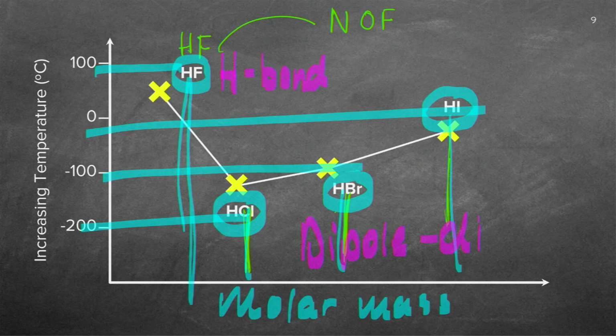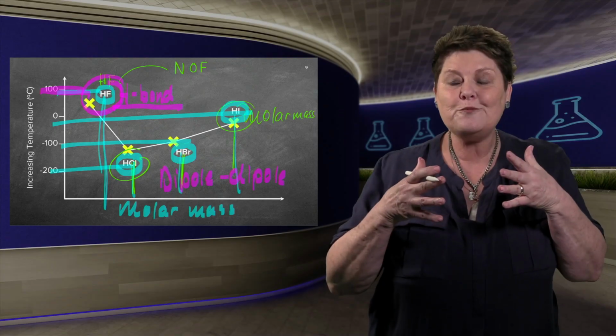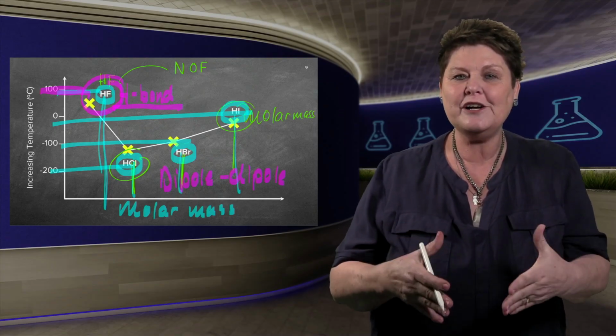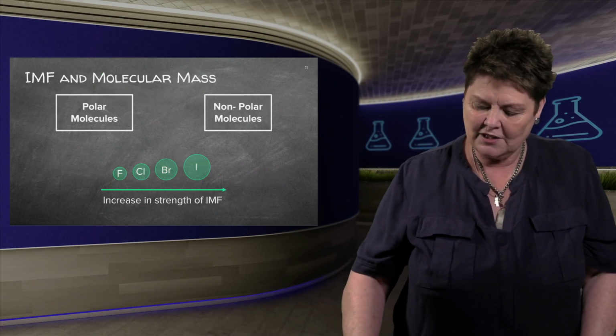So the first question that you'll be asked is, why is that energy so high? Because I've got a hydrogen bond. The second question will probably be, why is this one more than that one? And then you can answer, because it's got a higher molar mass. It's heavier. So can you see how the interpretation is when you're working with intermolecular forces? That's the kind of questions that you'll get.